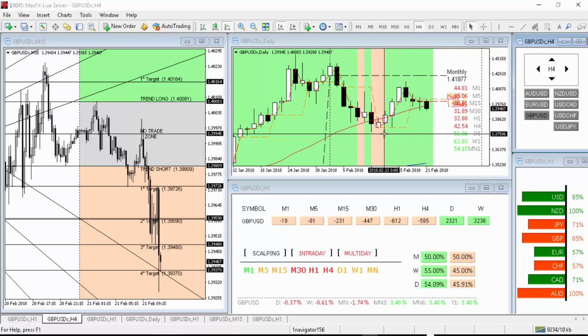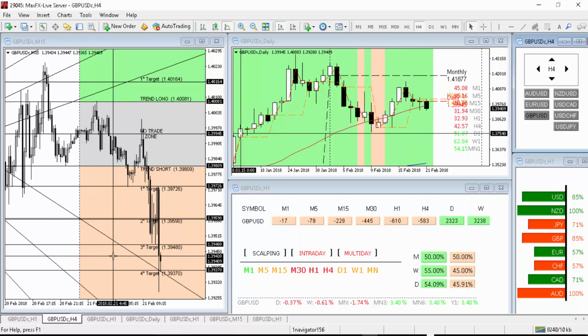The cable is moving in a bearish tendency, just at the level of the previous daily low. We're just above target number 4 of the bearish zone of the target geometry at 139.37, with a confluent price action and a breakout of the previous lows from M30 to H4. The pair is losing 0.37% on a daily basis, and we have a bearish percentage confluence up to the monthly level.